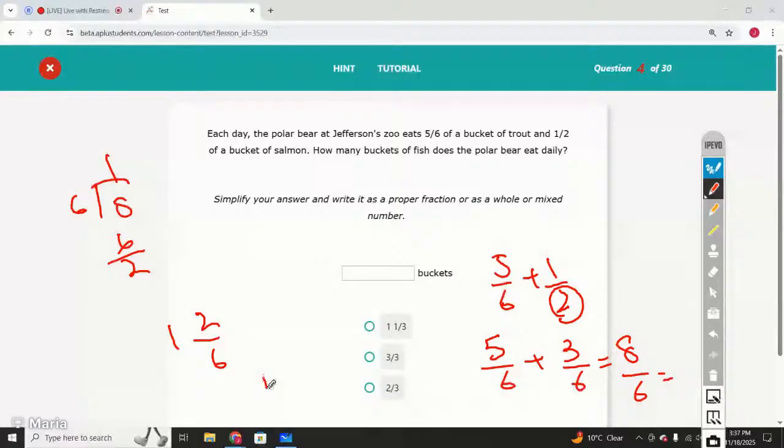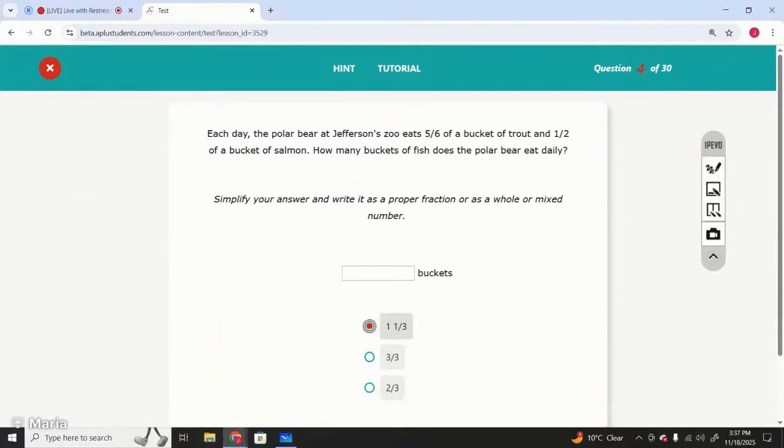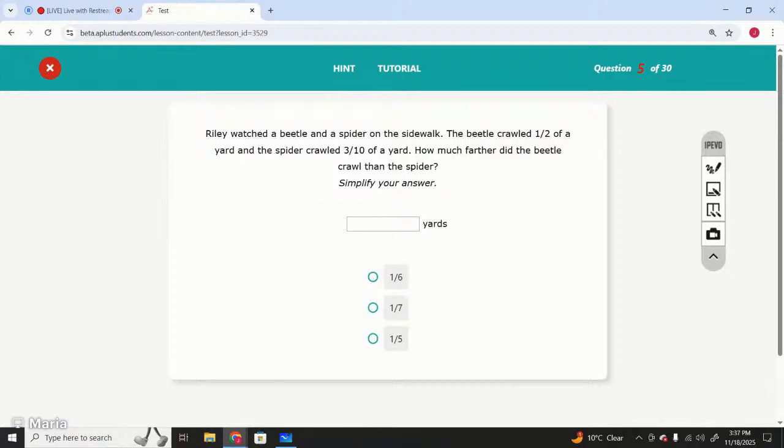Now we divide them by the greatest common factor. So 1 whole 1 by 3 it is. The correct option is 1 whole 1 by 3. Option number 1 is the correct option.